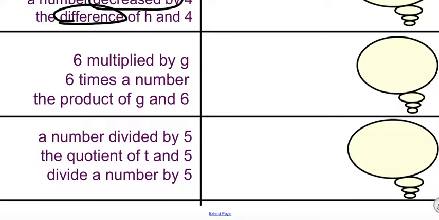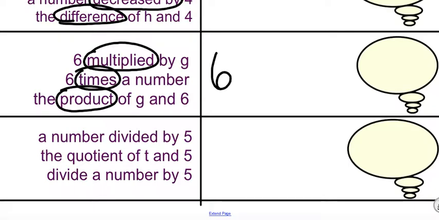6 multiplied by g, 6 times a number, the product of g and 6. Again, here are my words telling me what symbol I'm going to need to use in my expression when I write the algebraic expression. 6 multiplied by g. Now, can I write it with a multiplication x? Not anymore.